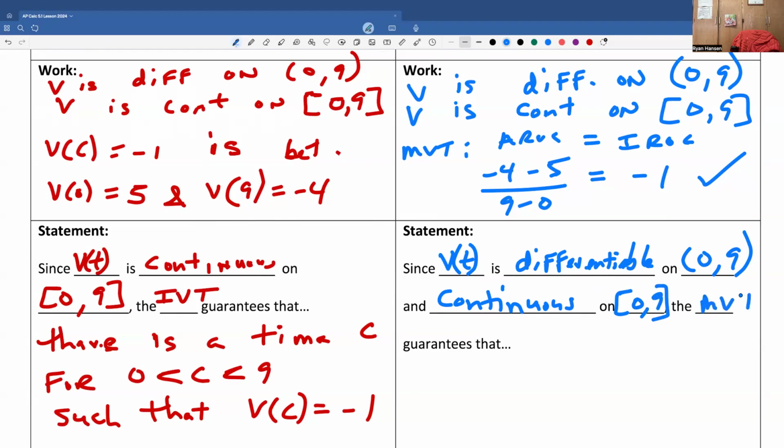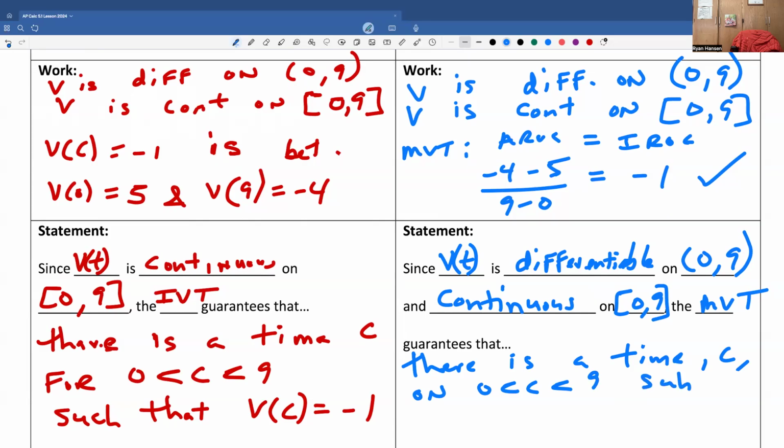The mean value theorem, the MVT, guarantees that there is a time, which we call letter C, on the interval 0 is less than C is less than 9, such that the average rate of change, which we could say is V of 9 minus V of 0 over 9 minus 0, equals the instantaneous rate of change, which is V prime of C, which in turn is 1.